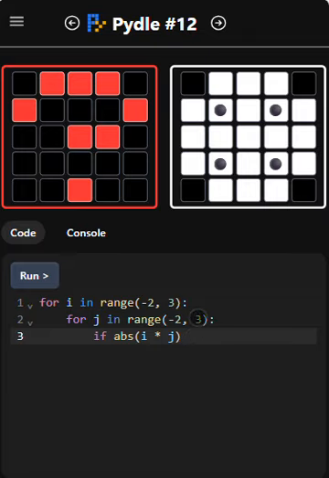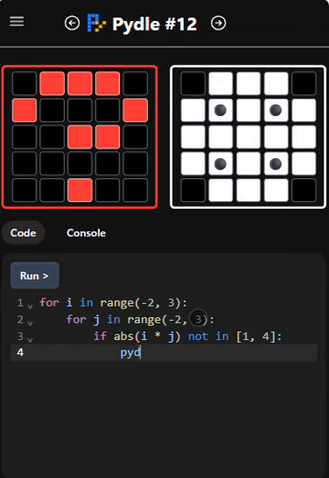Now instead of saying not equal to 4 and not equal to 1, we're going to use a list, and then we're going to say not in, and we're going to say 1, 4. So that is going to calculate the value of absolute value of i times j, and check if it's in that list of values equaling 1 and 4.